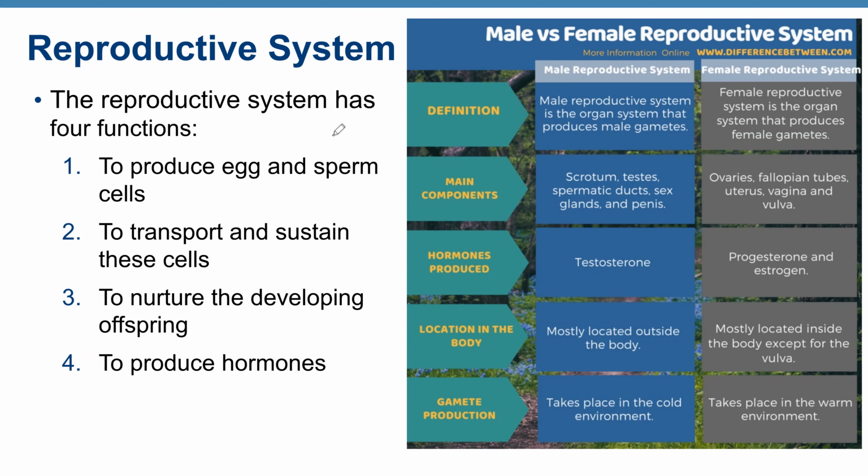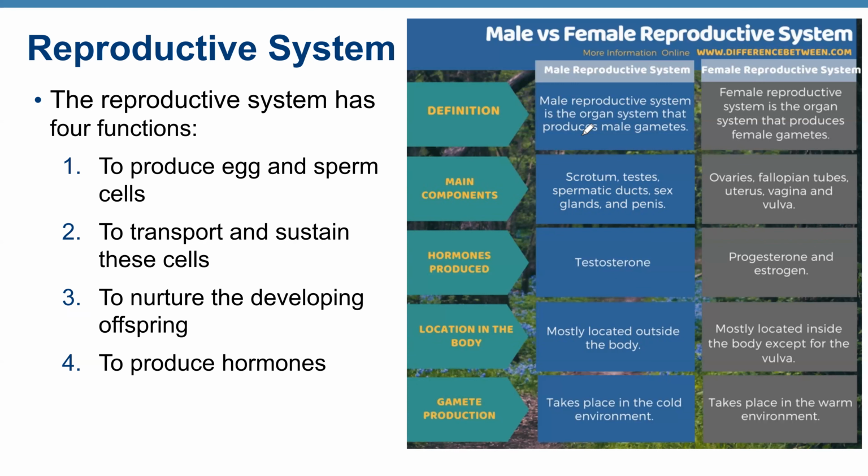So let's go ahead and compare briefly the male and female reproductive systems. Definition: the male reproductive system is the organ system that produces male gametes. The female reproductive system is the organ system that produces female gametes. Main components, male system: scrotum, testis, spermatic duct, sex glands, and penis.